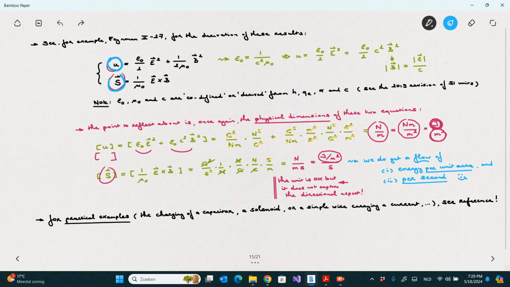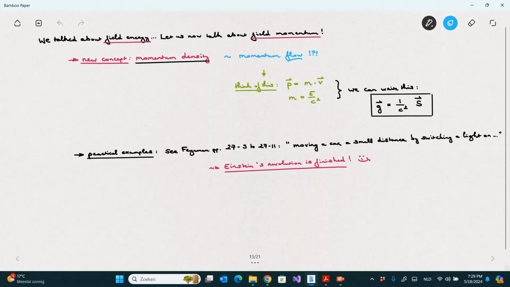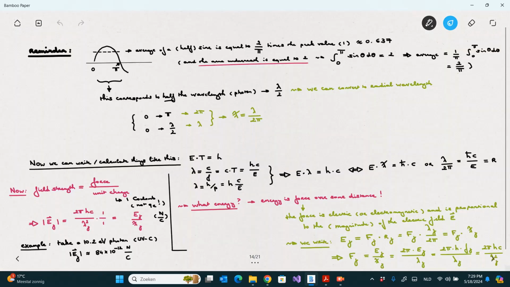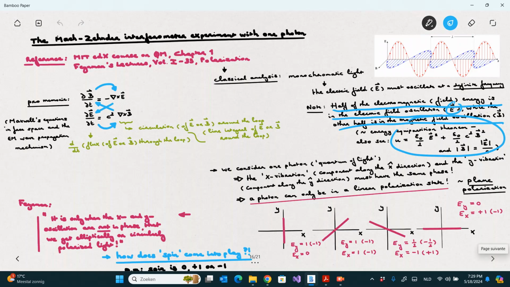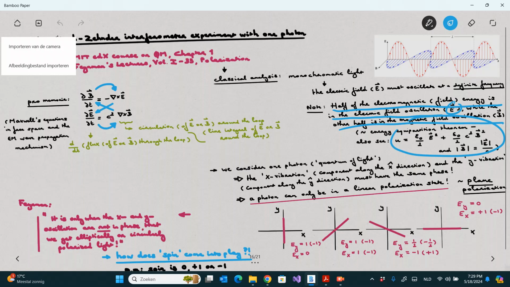So we know that the energy density of the field is split indeed over half what we can view as the energy in the oscillation of the electric field, and half in the oscillation of the magnetic field.